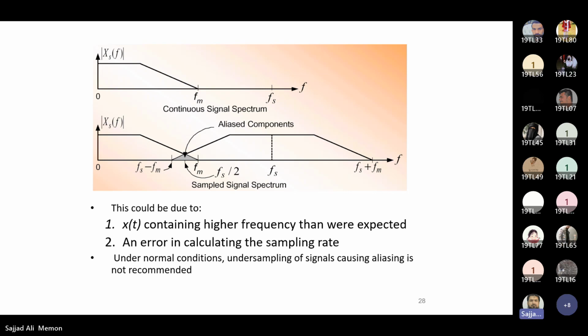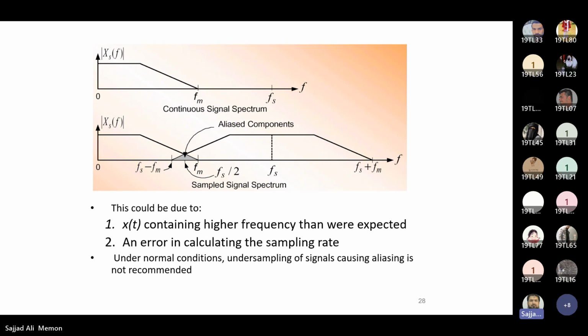In that case, the sampling frequency that you have chosen at 8 kilohertz or 8.5 kilohertz will not work. It will work, but you cannot recover the original signal because of irreversible spectral overlapping, since you should have chosen 9 kilohertz instead of 8 kilohertz or 8.5 kilohertz.